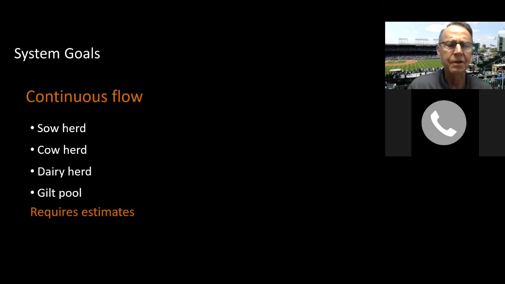What's the average time that the animals are in that particular pool, in that location? It also requires estimates as far as expected weaning averages and a few other things, so that we can derive equivalent unit calculations from the output of the breeding herd.